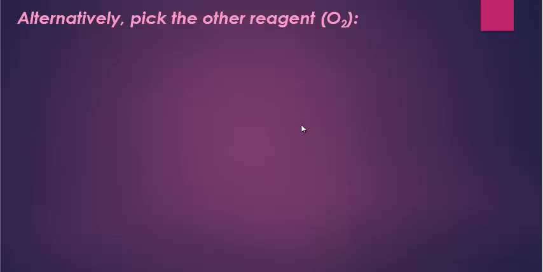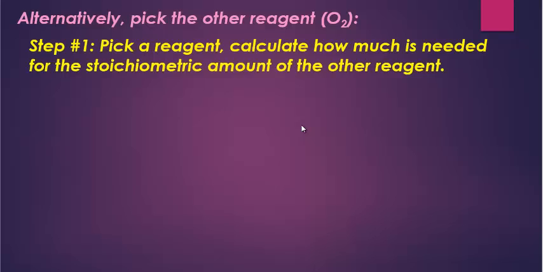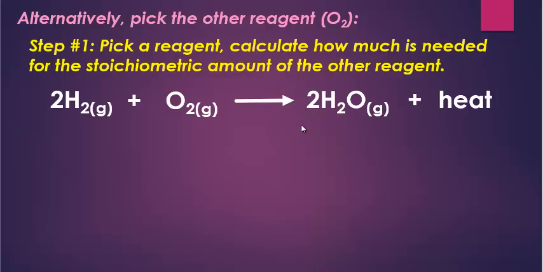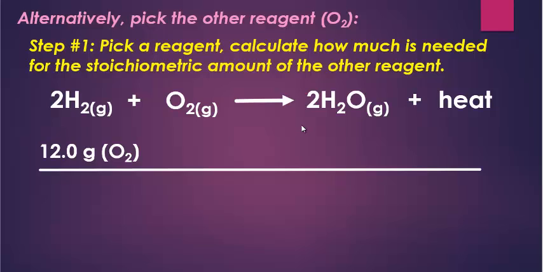Alternatively, you can also choose the other reagent, choose the oxygen, then calculate how many grams of hydrogen gas are needed. Same step 1, get a balanced chemical equation, and now you start with 12.0 grams of oxygen. You want to calculate how many grams of hydrogen will be needed to completely react with this 12.0 grams of oxygen gas.